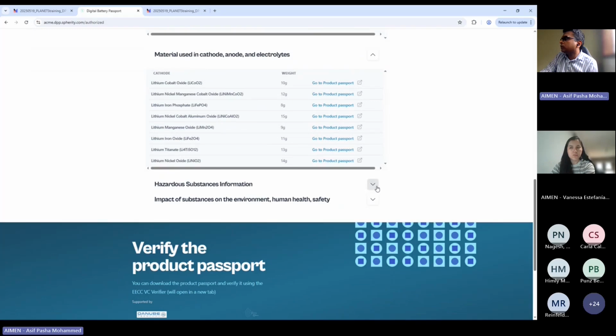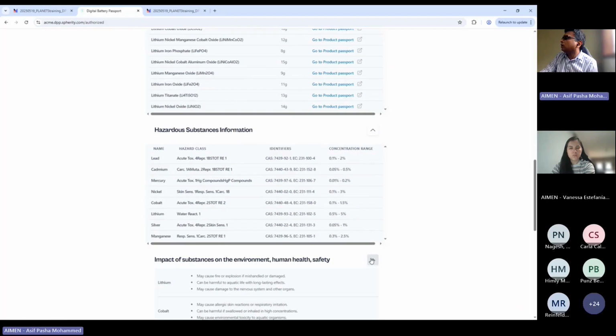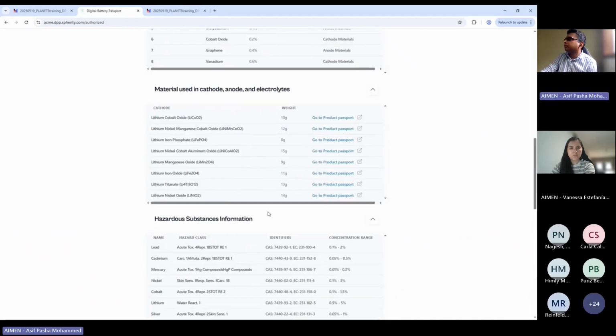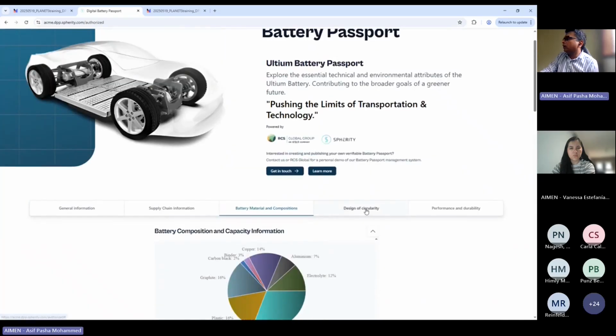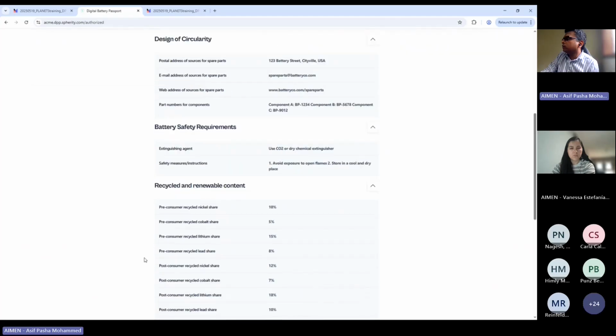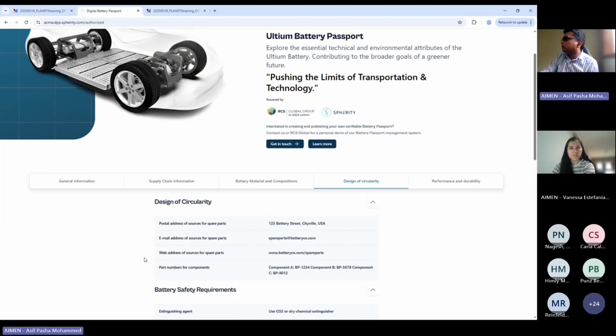And also information related to the hazardous substances that are being used in the battery, and the impact of substances on the environment and human health and safety are also included here. And related to the circularity, there is some information related to the circularity and performance and durability.